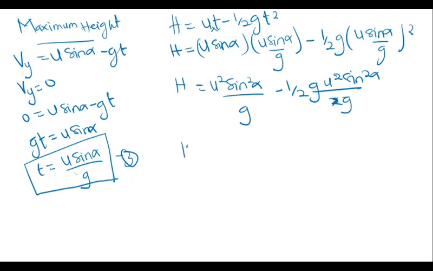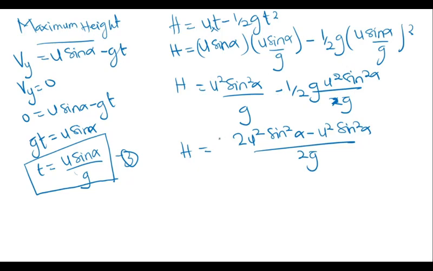If we further simplify everything, we get 2u square sine square alpha minus u square sine square alpha, divided by 2g.